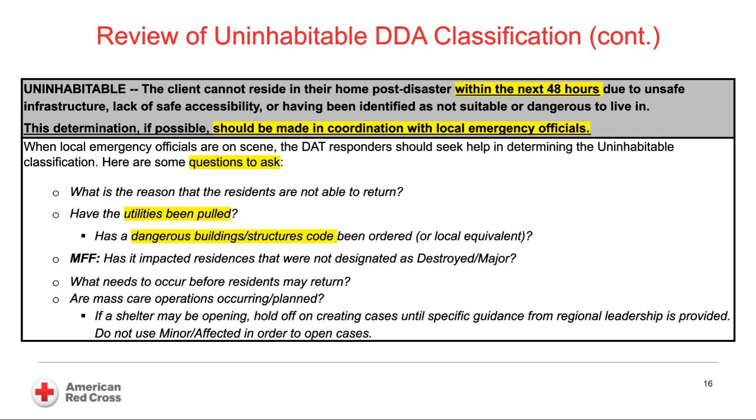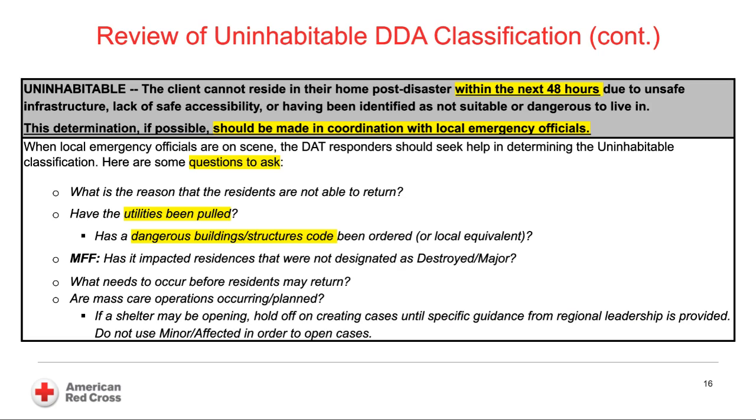Just a bit more about the uninhabitable classification. The most common trigger for uninhabitable detailed damage assessment is when utilities are being pulled and the clients are not anticipated to be back in their homes within 48 hours. So that's rendering a home unsafe to live in.